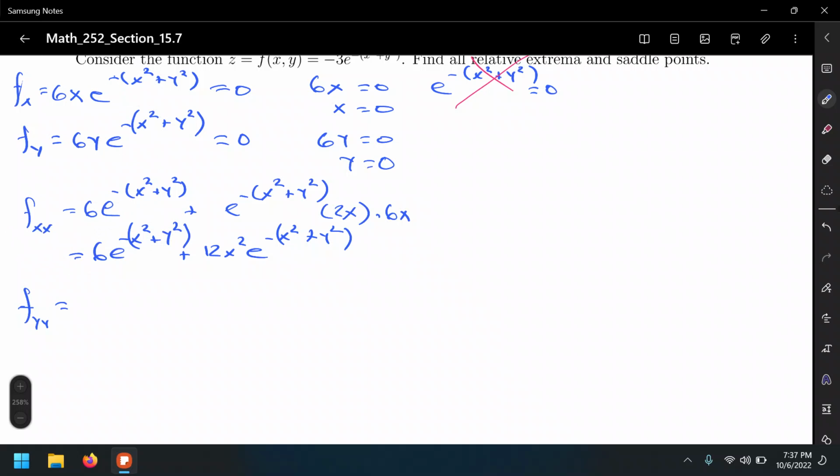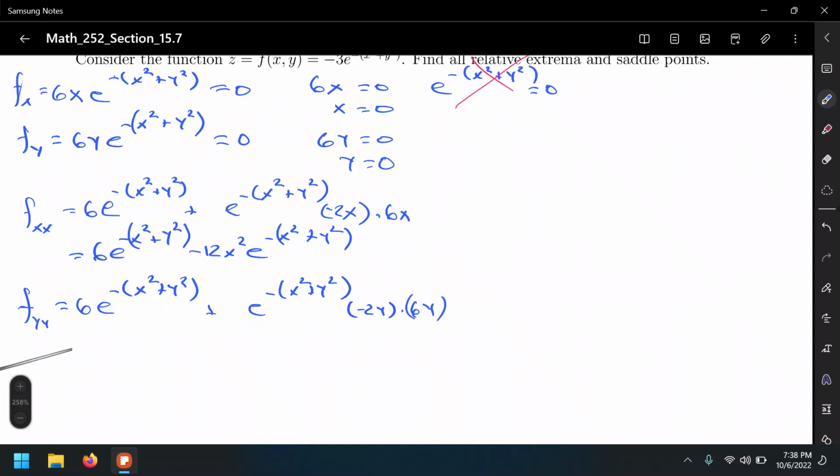That's going to be the derivative of 6y, which is 6, times the other factor, e to the negative (x squared plus y squared), plus e to the negative (x squared plus y squared) times the derivative of, oh, actually this is supposed to be negative, negative 2y times the quantity 6y.